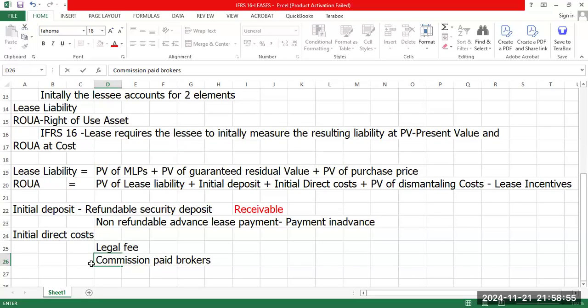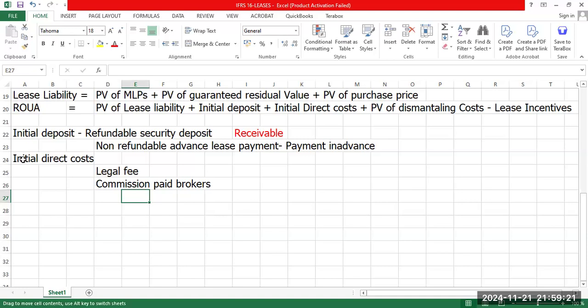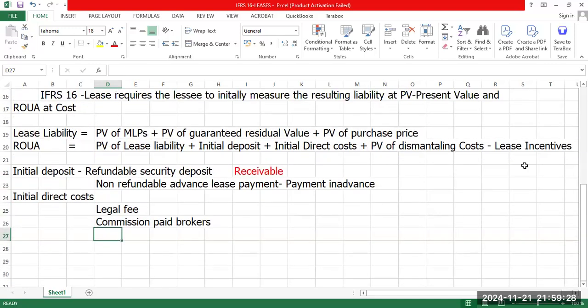Costs related to credit checks or due diligence as you're trying to enter into a lease agreement. Such kinds of costs are directly related to lease arrangement. So when you read the case study and you see you have some of these costs, you will add them here. Then dismantling costs.